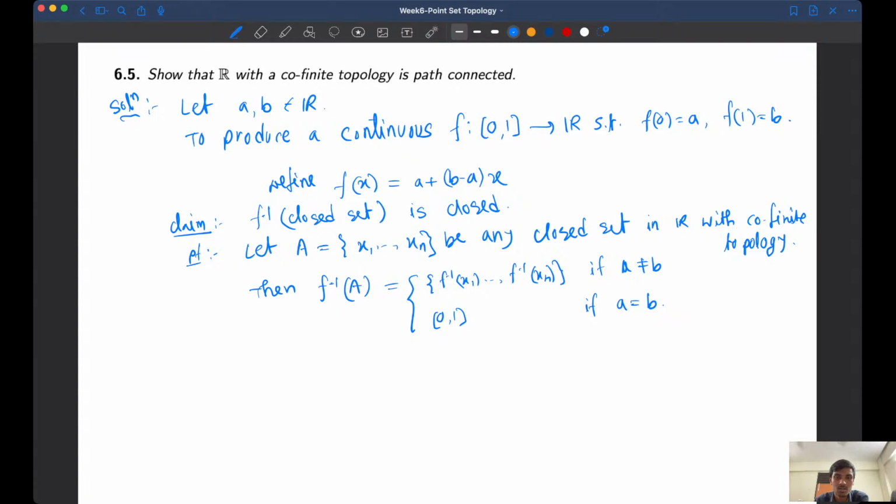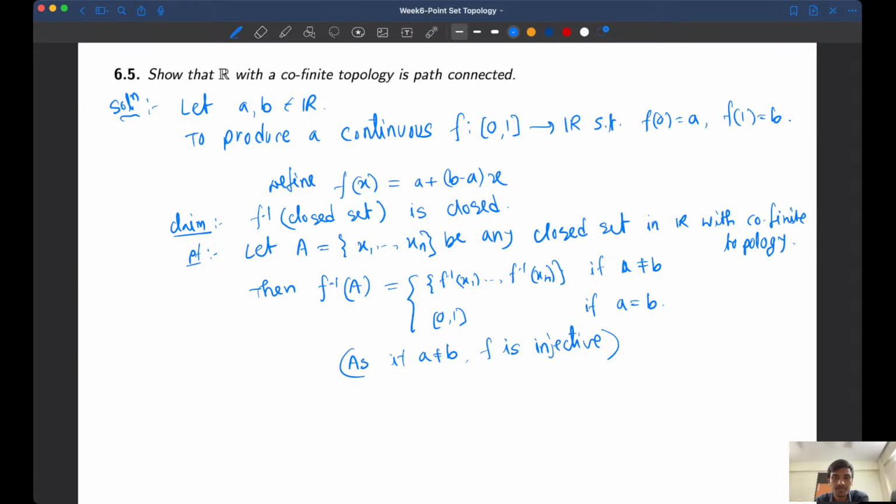But all of these F inverse x1, ..., F inverse xn are distinct if x1, ..., xn are distinct, as if A is not equal to B, F is injective. Okay, so that's why all of these are distinct.